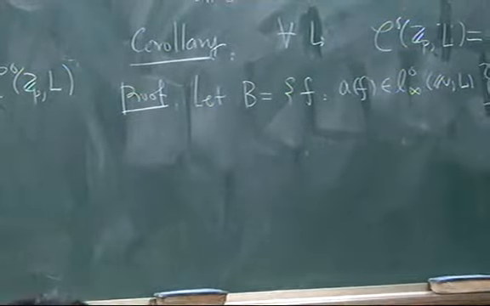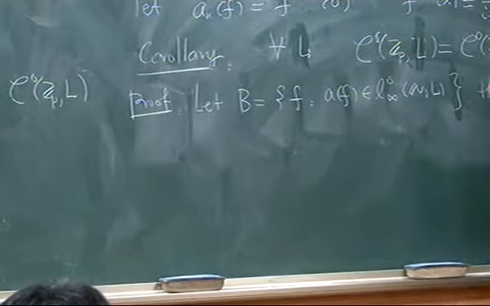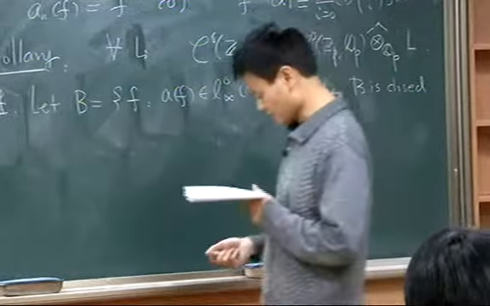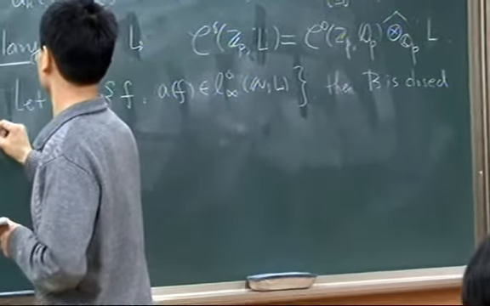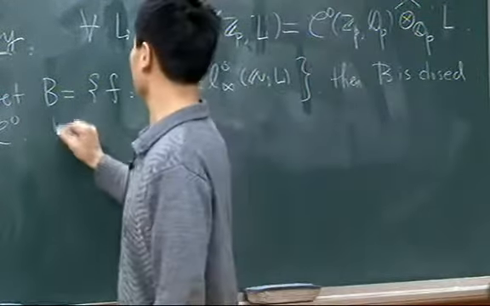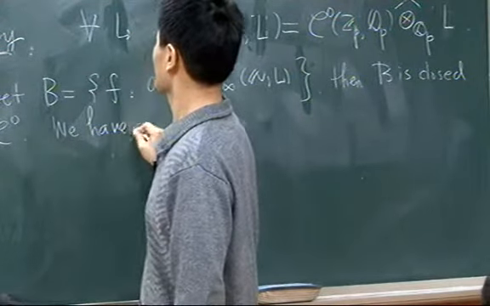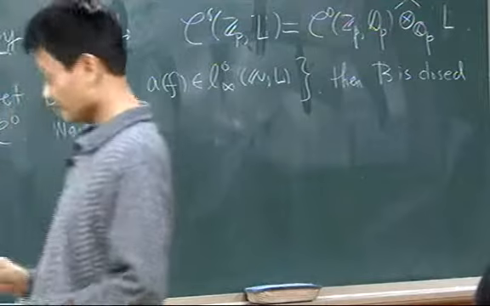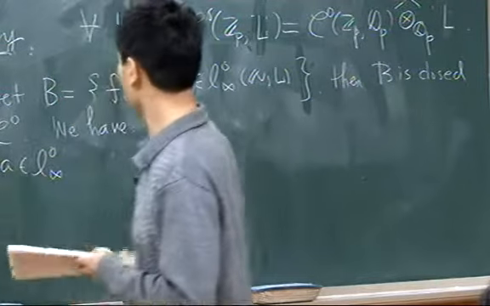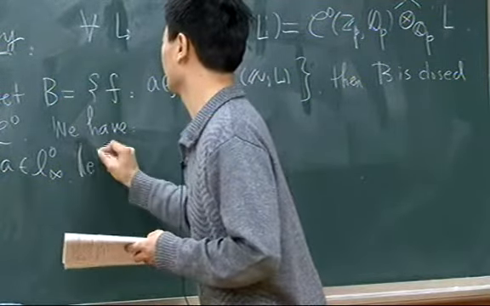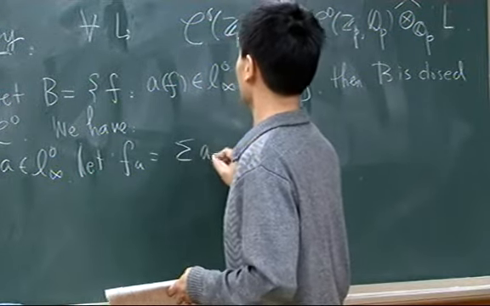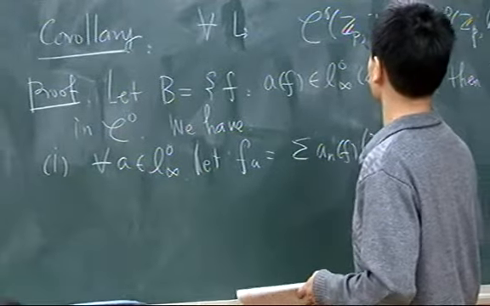But first we just let B exist, and then B is closed in C0. First, for any a in this space, we let f(a) be the sum of a_n times x choose n.